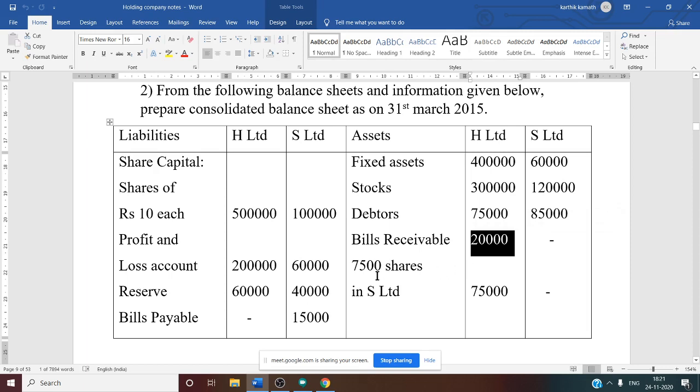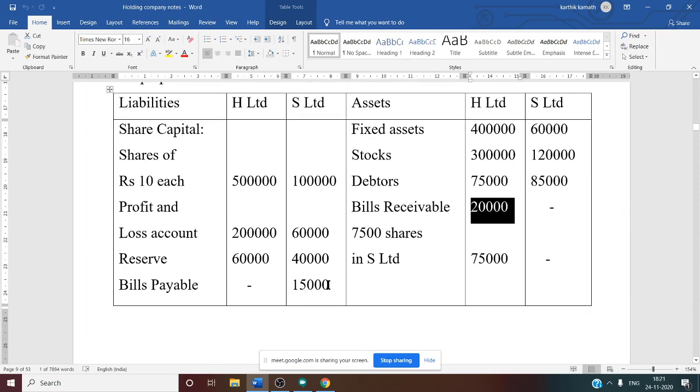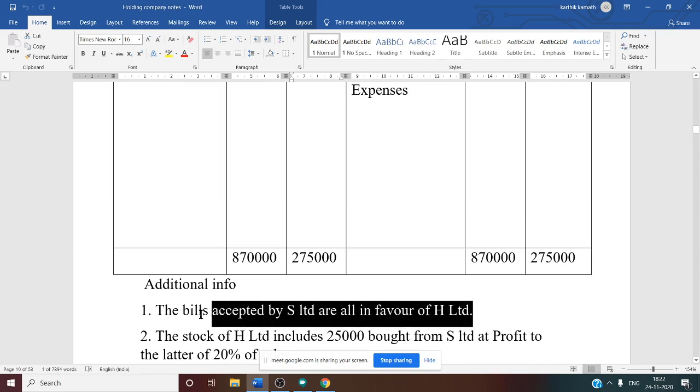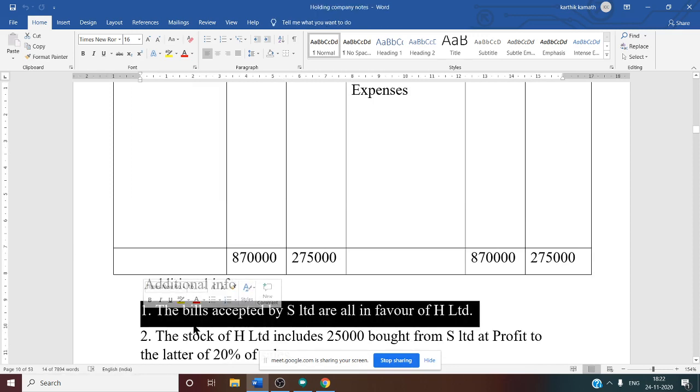But on the liability side, bills payable is 15,000. That means the subsidiary company has to make the payment to the holding company. So you can easily make out from this first adjustment that the subsidiary company is going to pay the money to the holding company.